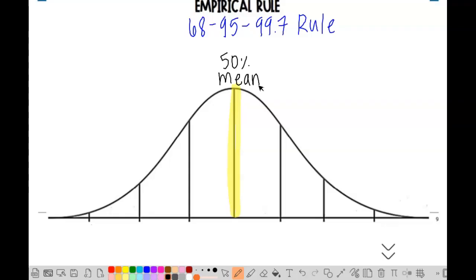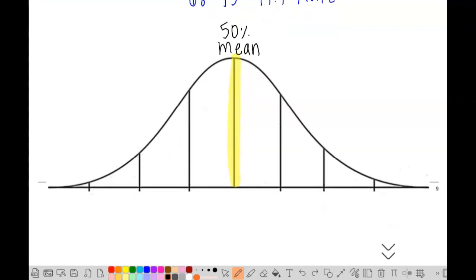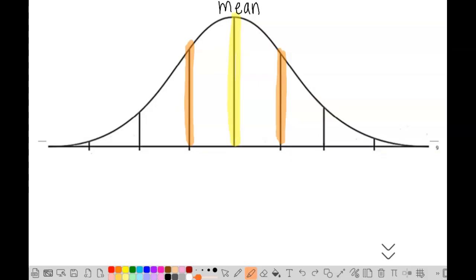Okay, next color. Switch color. Any color doesn't matter as long as you keep it the same on both sides. 1 deviation from the mean is how much percent of the data? 1 deviation.